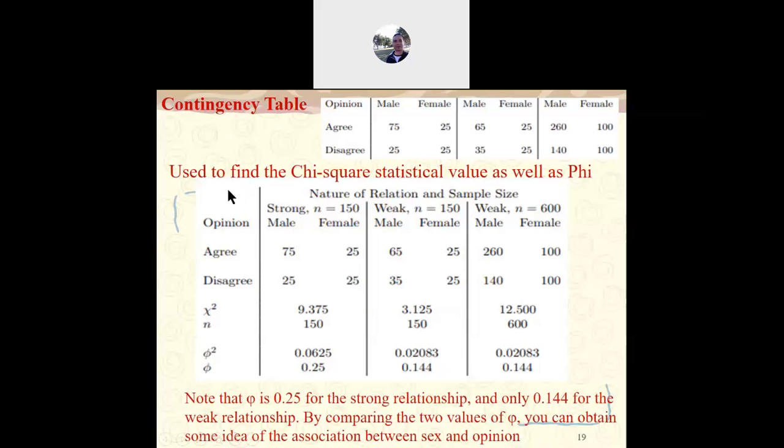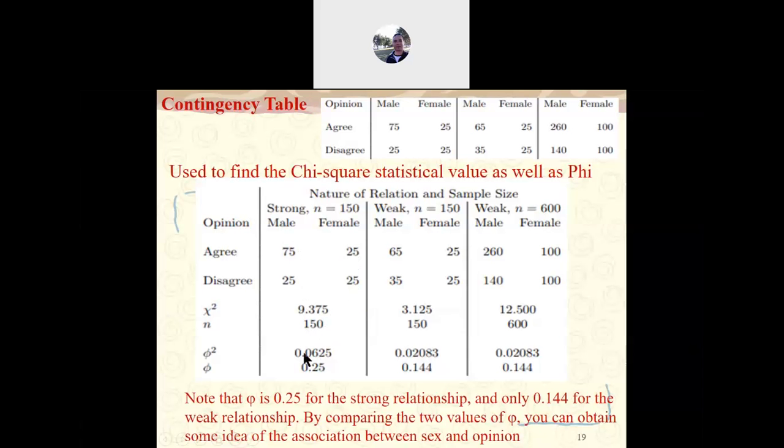Also here, I have the opinion, agree, disagree, and I have male and female. So when I get it, I get chi-square equal to this one, and I have n equal to this one. How do I know it is 150? Because if I count all of this one, 75 plus 25, 100, plus 25, plus 25 is 150.